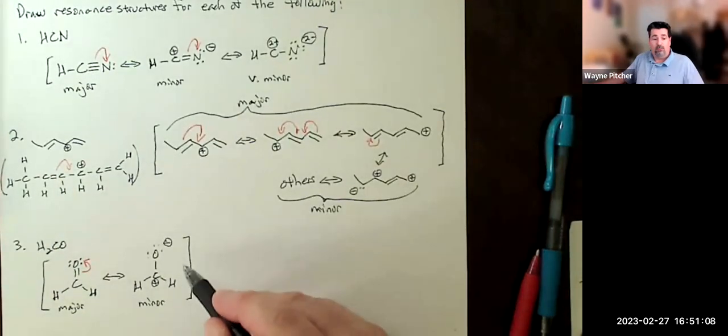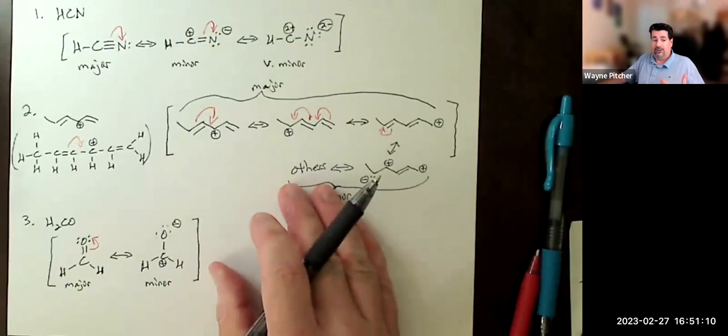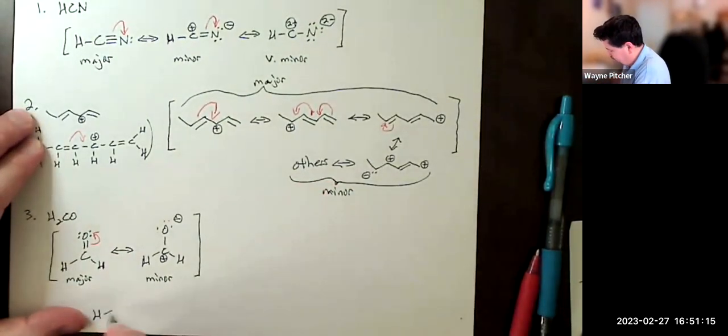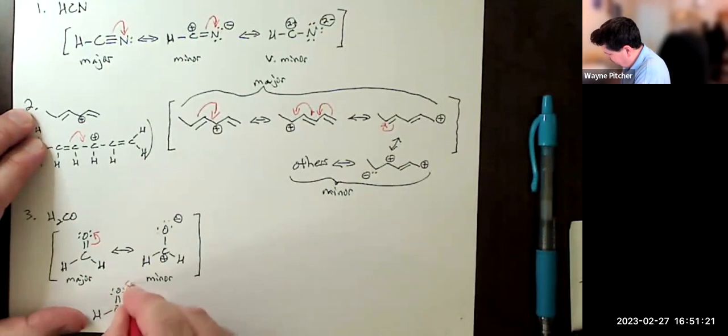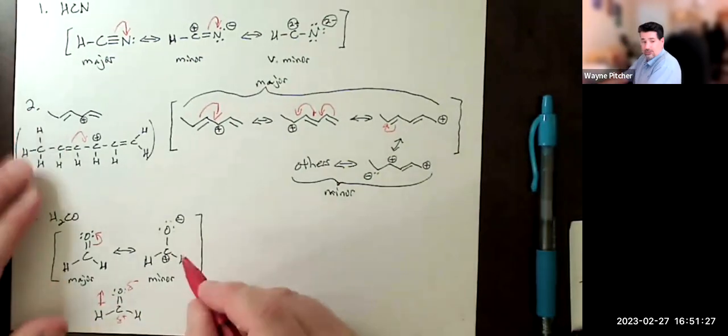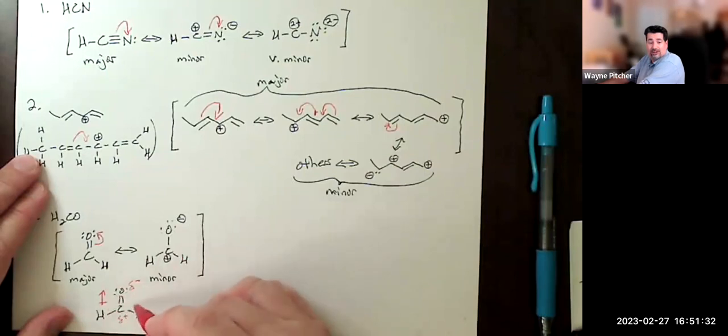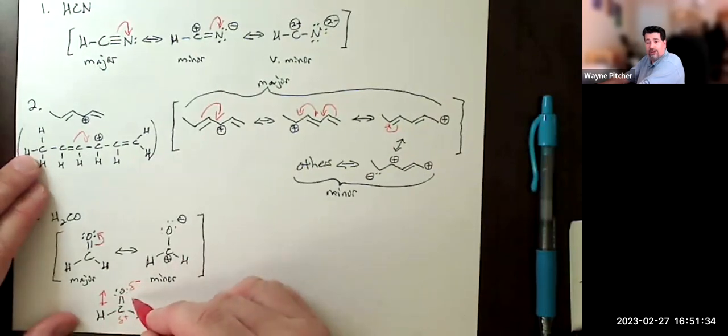But we still may want to draw this, or at least have it in the back of our mind, because in reality, what this is saying is this resonance structure is explaining the same thing that this diagram with the partial charges is explaining.